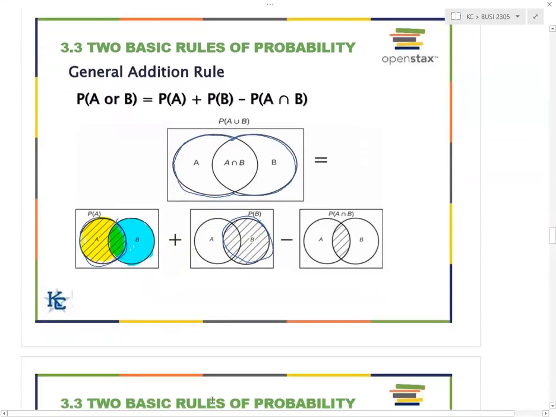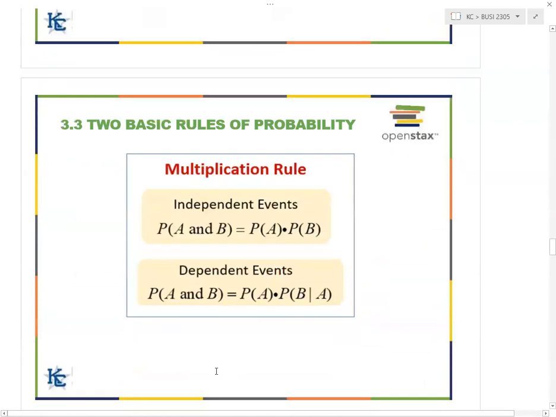Okay, great. So the next really important rule for probability is the multiplication rule. And this is the rule for when we're talking about the word "and," or when we're talking about intersections.